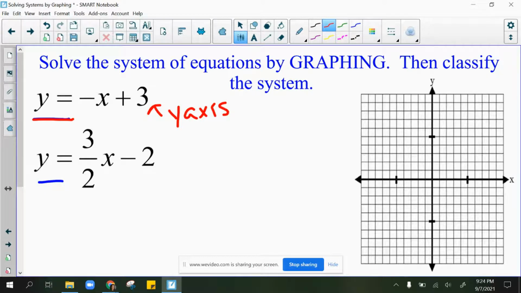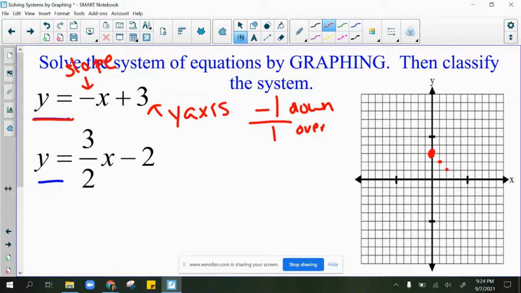So I'm going to count up 1, 2, 3, and put a point right there. Now I'm going to move with my slope, and my slope is just a negative in front of the x. So what that means is negative 1 over 1. This is how much I'm going to go down, and this is how much I'm going to go over to the right. So I'm going to go down 1 over 1, down 1 over 1.